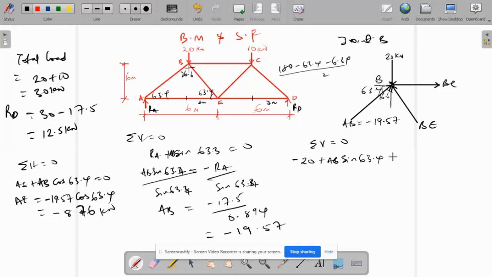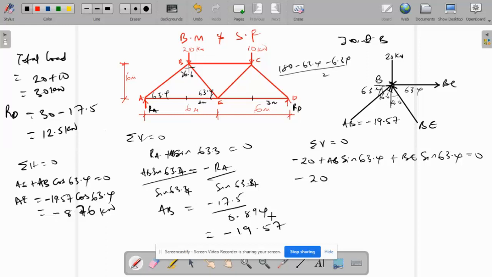We also have 26.6, so we have also 63.4 here. So this is going to be plus BE. Since we are resolving vertically, it is still going to be BE sine 63.4 equal to 0.